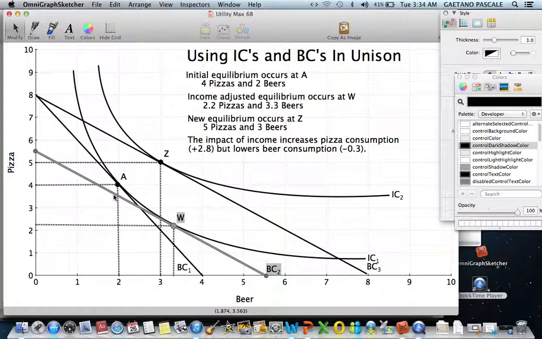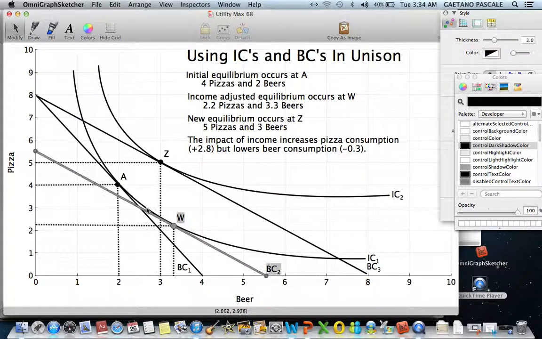So I'm taking out the impact of income, and the fact that when I lowered the price of beer, it freed up income that I could spend on it and on pizza. In doing that, all I'm doing is maximizing utility on the previously existing indifference curve, but using the new price ratio. Well, that gives us the equilibrium of W. So that gives me solely the impact of substitution.